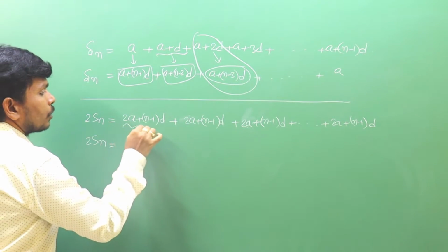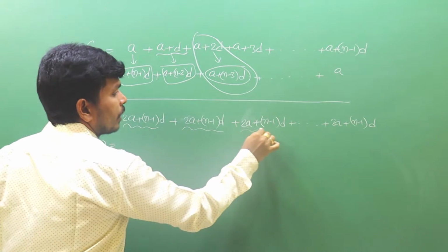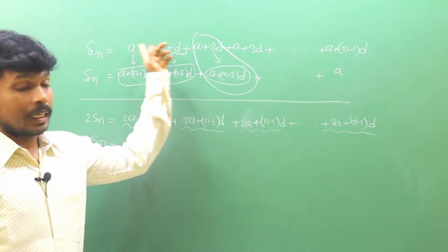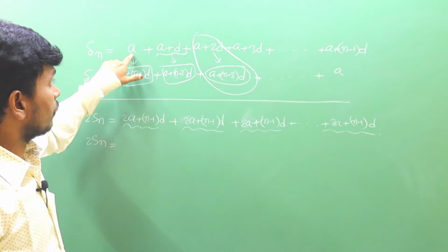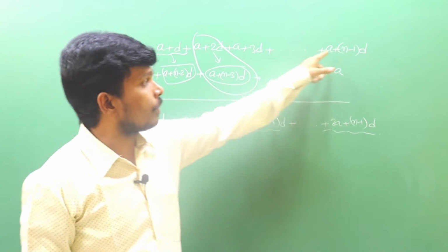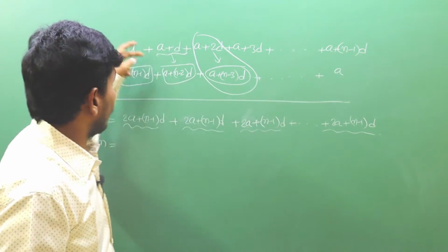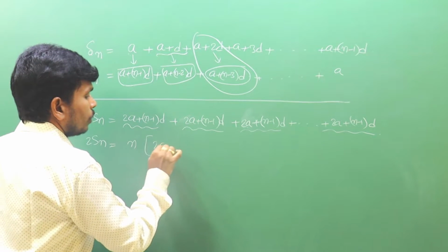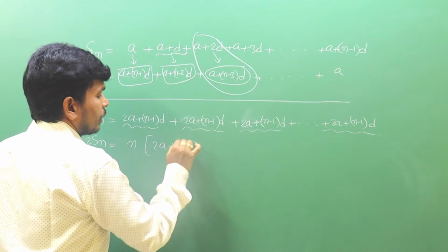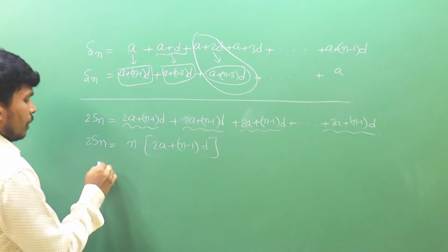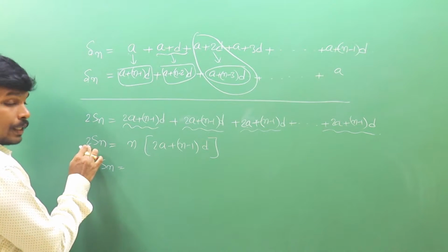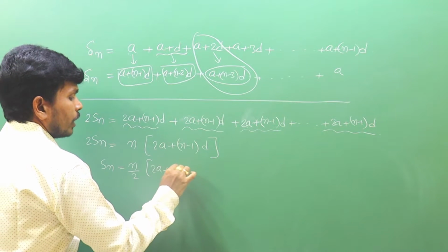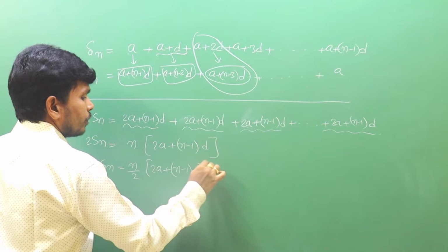Here Sn plus Sn is 2Sn. Now, like the 2a plus n minus 1 into d, how many terms are there? These are the n terms, because first term, second term, third term, up to n terms. So that's why n of 2a plus n minus 1 into d. Now we can express this by transposing the 2 to the right side: n by 2 into 2a plus n minus 1 into d.